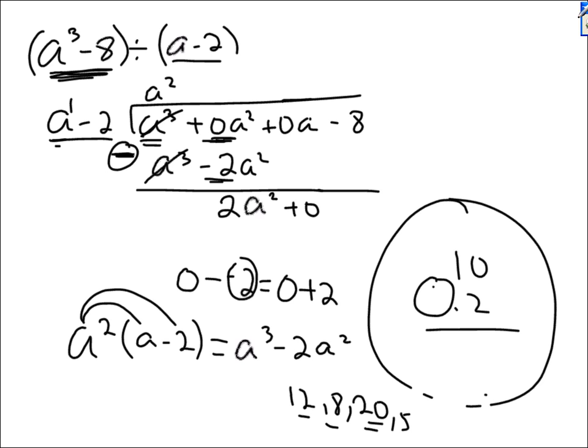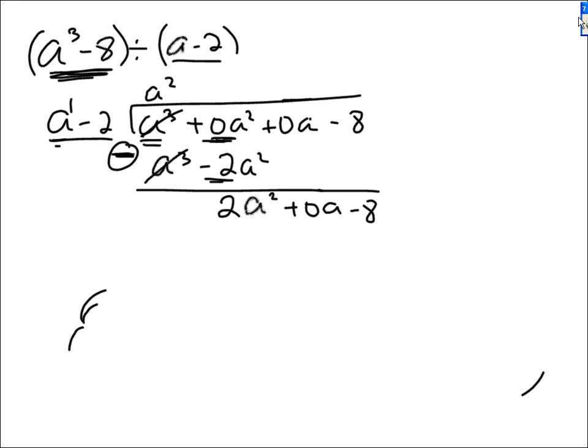I'm bringing down the rest. Plus 0a minus 8. Before you combine, know what the operation is. And I'm not asking for much in that. You cannot combine things unless you know what the operation is.